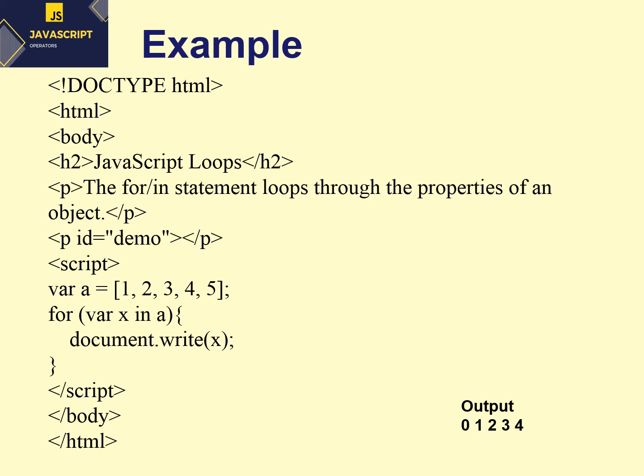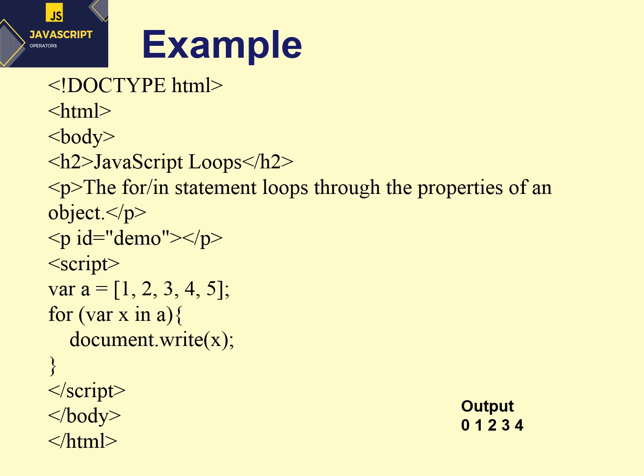Now we move on to the loop. For var x in A, document.write of x. So what happens here is, for each element in the array A, we have to mention the x value.